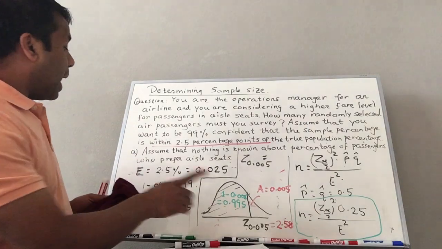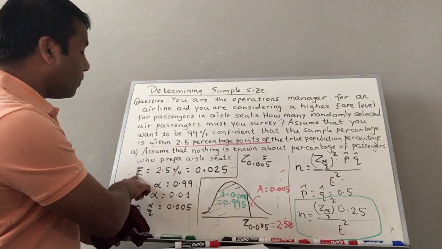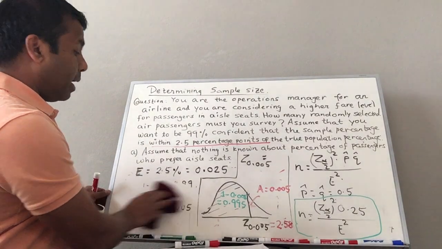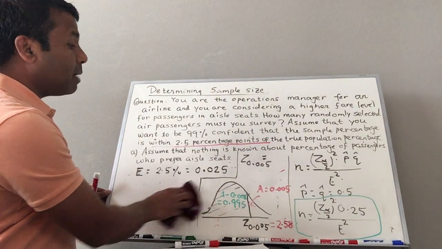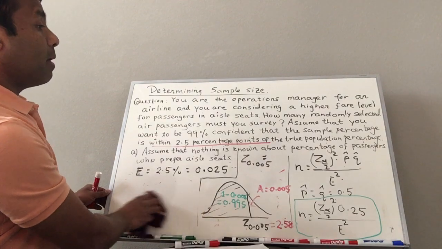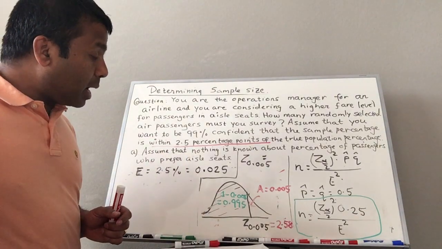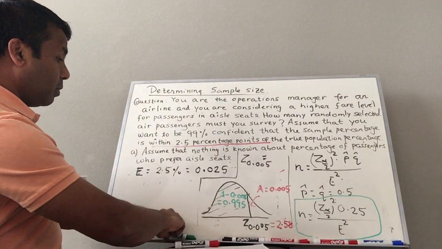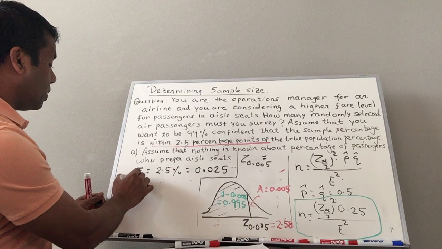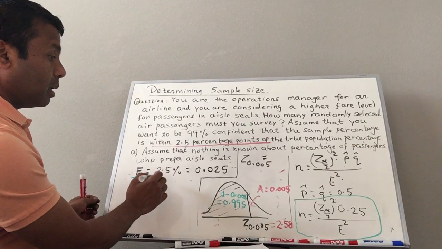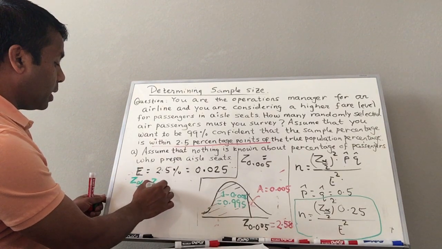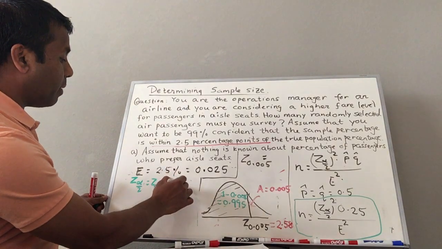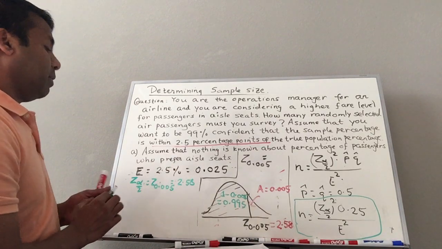Now I know the margin of error, which is 0.025, right? And then for 99% confidence, I also know the value of z alpha over 2, which is z.005, which is 2.58, right?